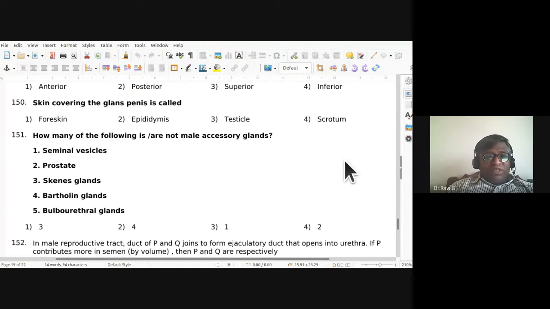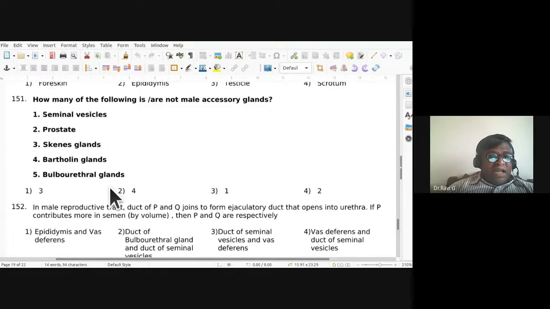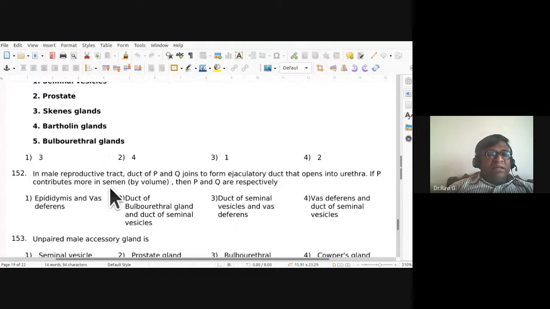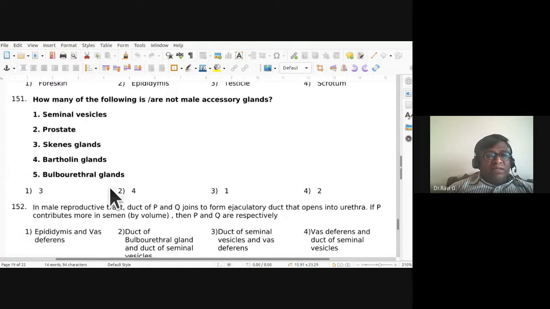151st. How many of the following are not male accessory glands? You have to find out the total number of non-male accessory glands. The examples are seminal vesicles, prostate, Skene's glands, Bartholin glands, and bulbourethral glands.